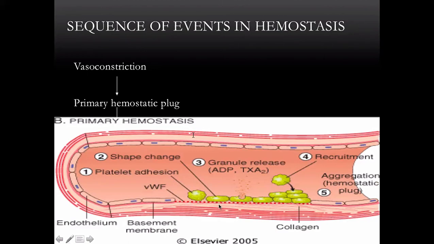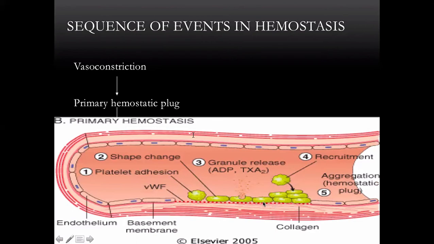Then, pag mag-adhere na ang mga platelet, they will have to change their shape, depende sa sugat, depende sa trauma. Once na makapag-stabilize na ang mga platelet, they will release different granules. The purpose of that is to recruit more platelets.